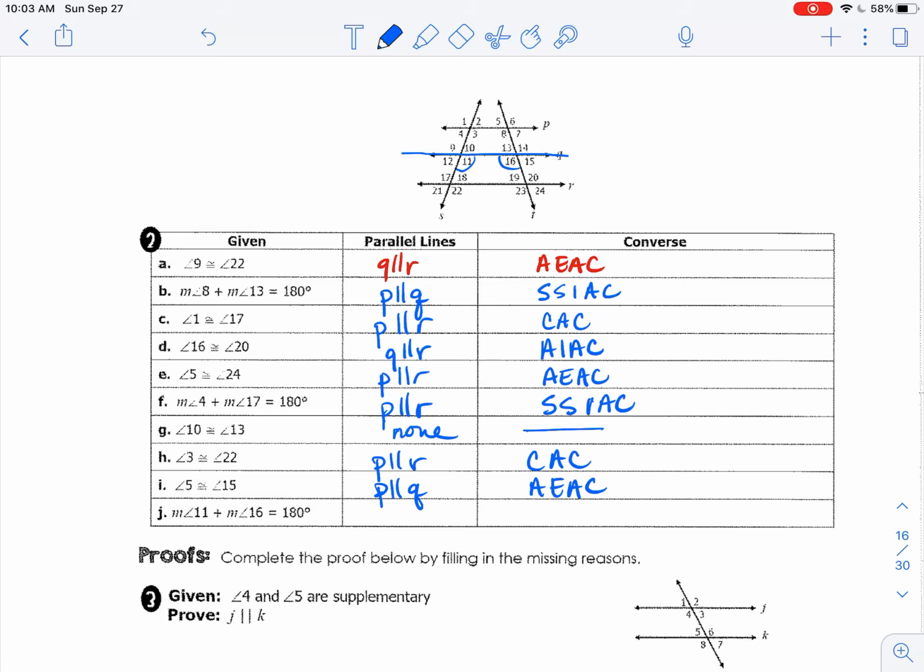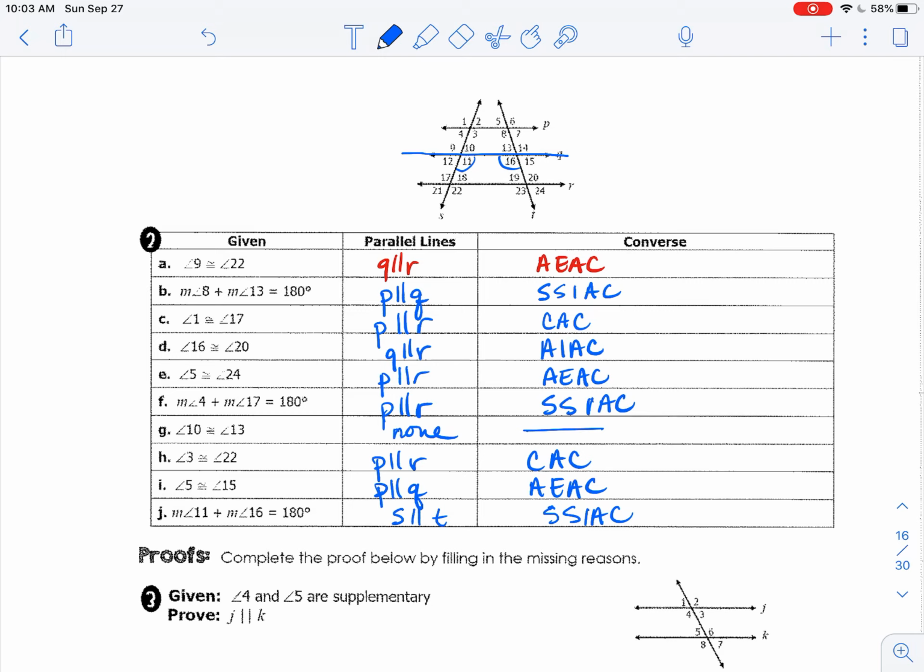So same side supplementary angles are going to prove that S is parallel to T. This one we're confident about because of the same side interior angles converse. They might not look it, but if those two are supplementary, then our two lines are parallel.